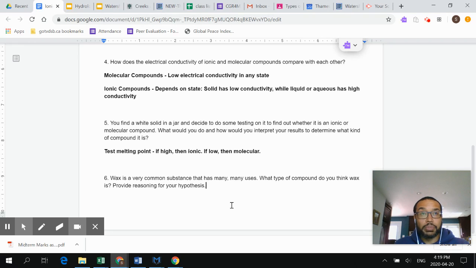The flame on the wick of the candle is not super hot, but that is enough heat to melt it. So because of the low melting point, it would make sense that wax is molecular, which indeed it is.